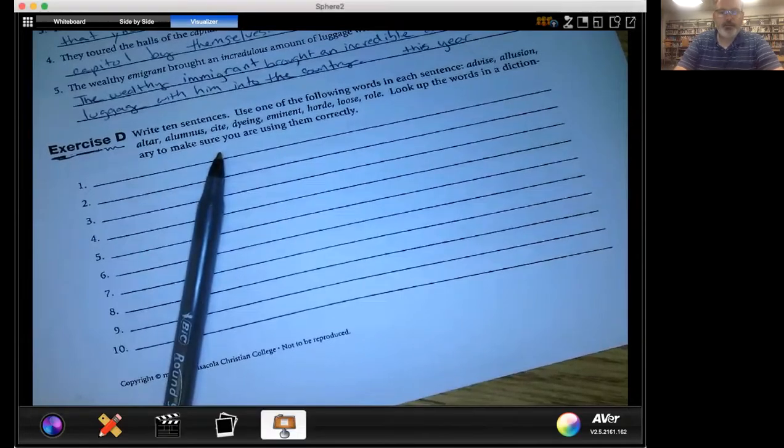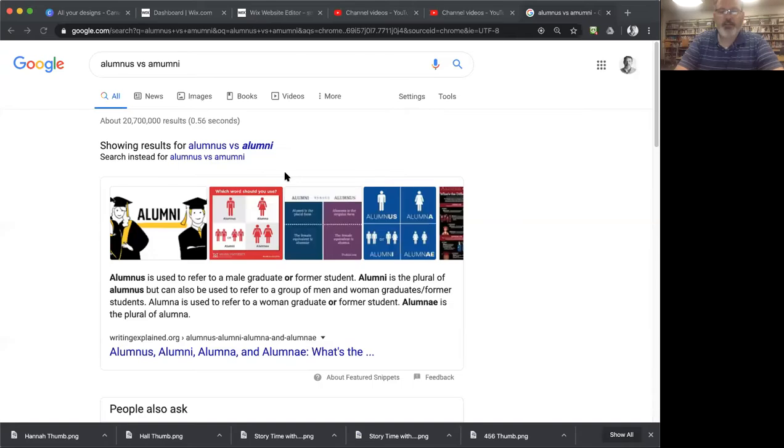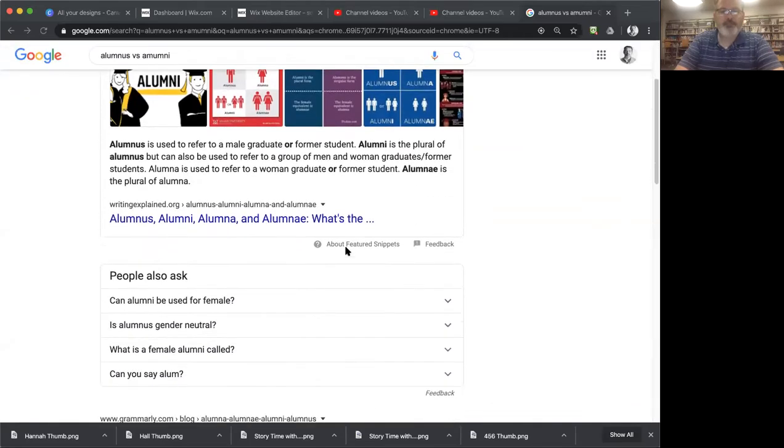I'm going to stop sharing that and start sharing this. All right. Alumnus is used to refer to a male graduate or former student. Alumni is the plural form of alumnus, but can also be used to refer to a group of men and women graduates or former students. Alumna is used to refer to a woman graduate or a former student, and alumnae is the plural of alumna.